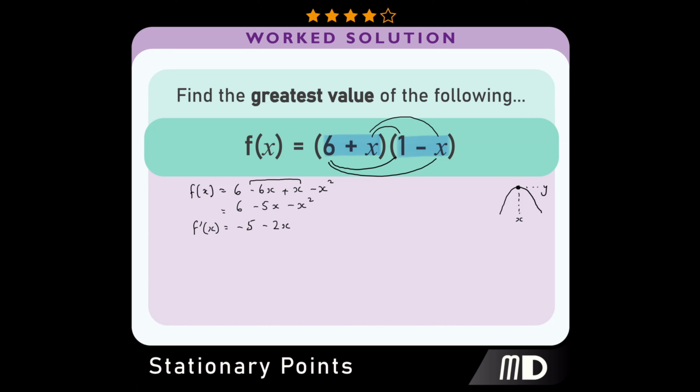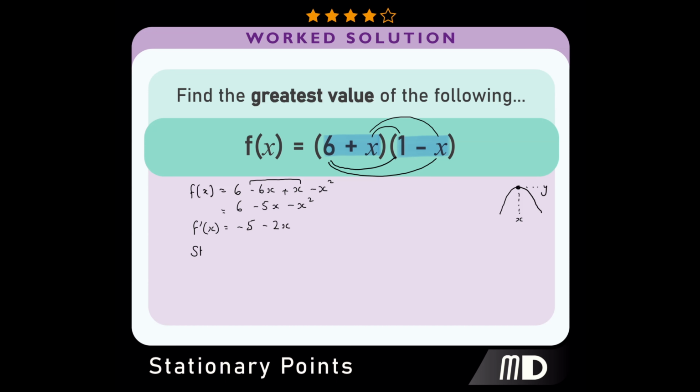We're not going to talk about differentiation in this question, but that's an aspect that we need to be aware of. So at this point, we've got a differentiated function of minus 5 minus 2x.